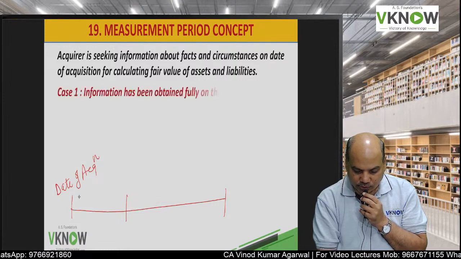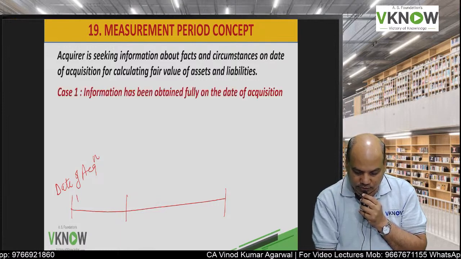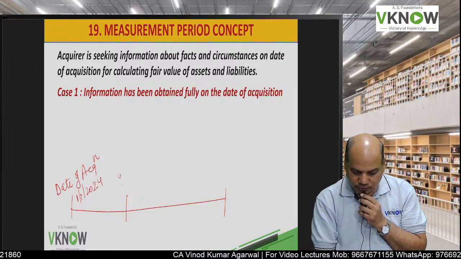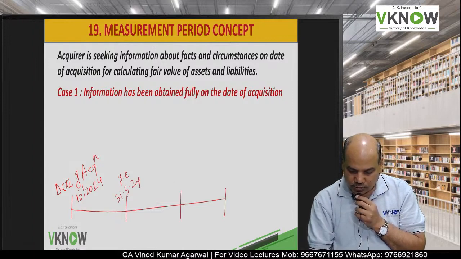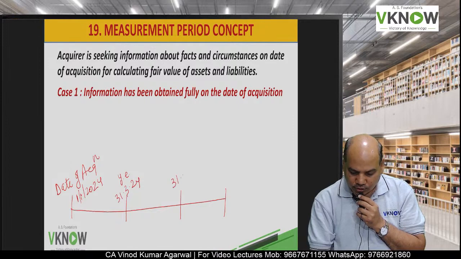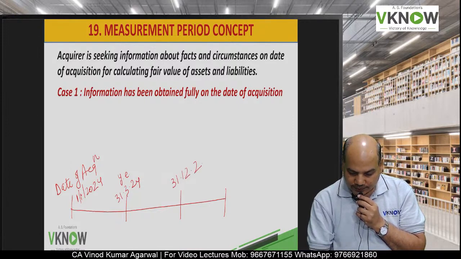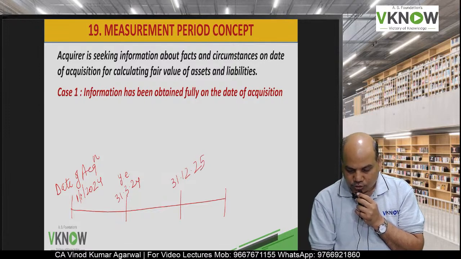Date of acquisition is suppose 1st January 2024. Year ending date is 31st March 24. 1 year of acquisition will get over on 31/12 say 25. 1 year is over.